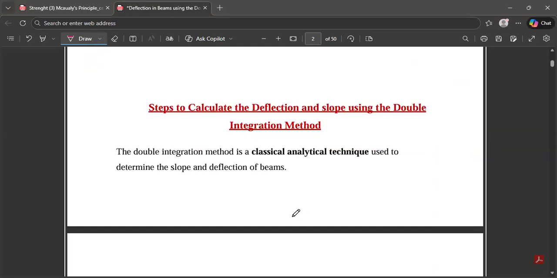Let's look at the steps to calculate deflection and slope using the double integration method.